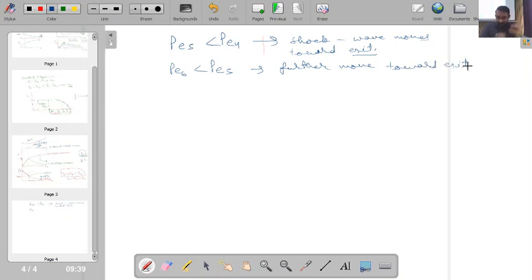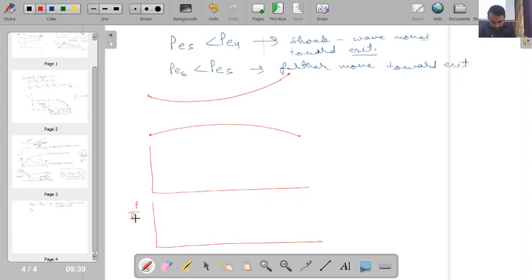Is this point clear? So what I am trying to say is that I may have a situation where my pressure has decreased and then just reached some very small value, and then there is a sudden increase at the exit and then reaching some value.